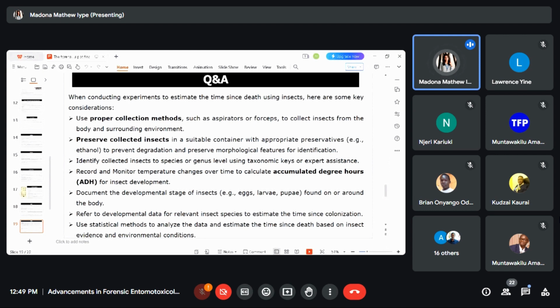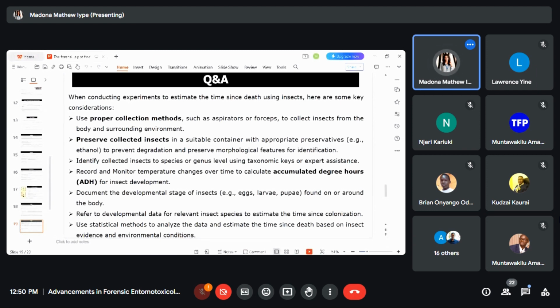This is the place where a person from pure zoology, biology or entomology can help. That is what I stated earlier: if you're interested in pursuing this as a career, try to pursue this as a specialization and not just on a broad level, as we are doing masters in forensic. You can try specializing in forensic entomology or entomotoxicology, so as to get a clear idea about the insects and the species.